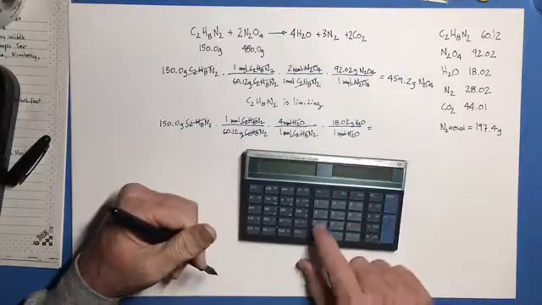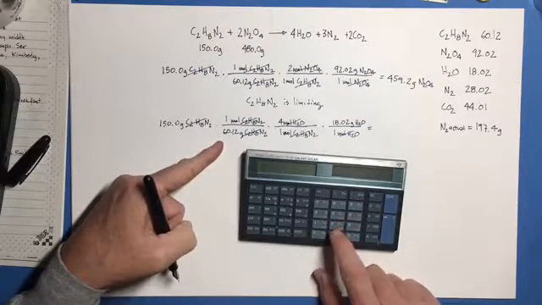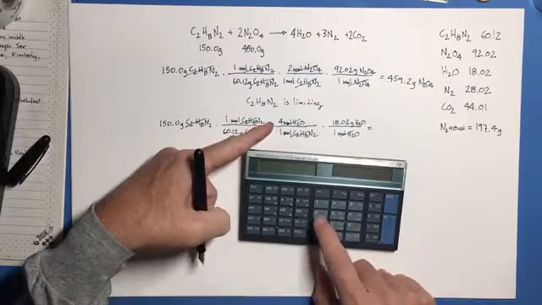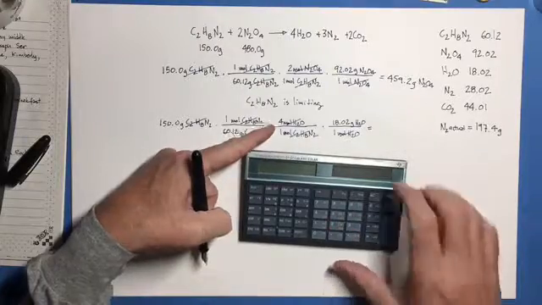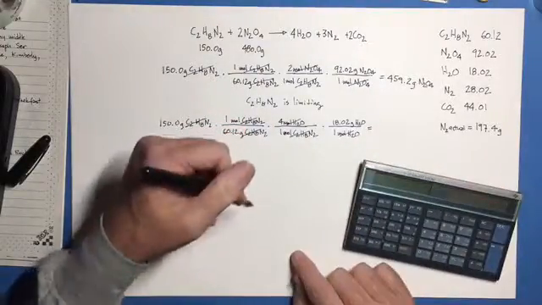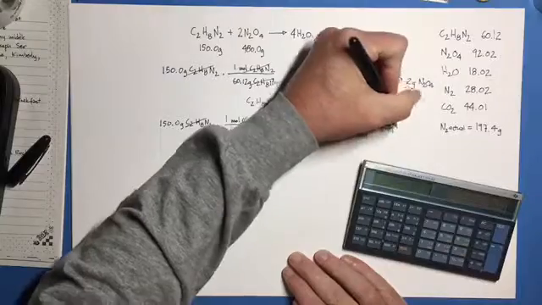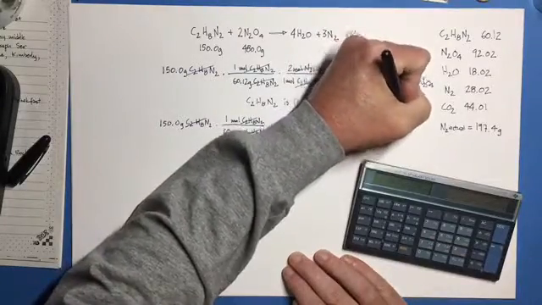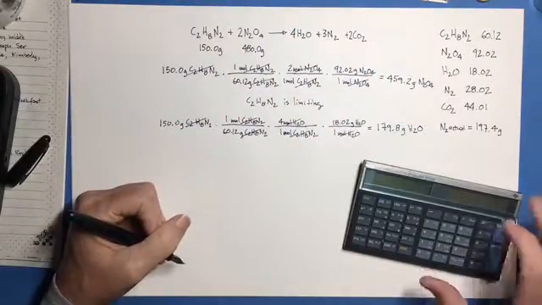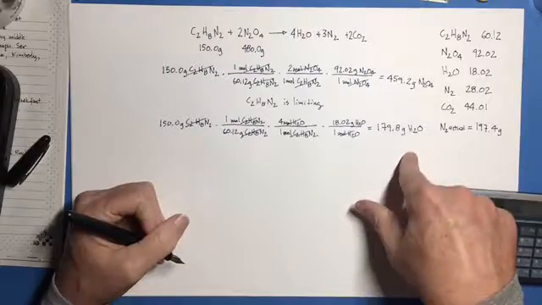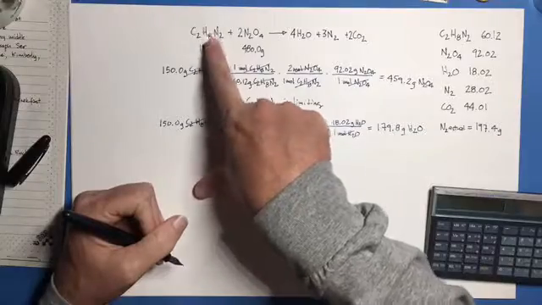So let's calculate that. 150 divided by 60.12 times 4 times 18.02 equals 179.84. I need 4 sig figs, so I'm going to put 179.8 grams H2O. Splendid.